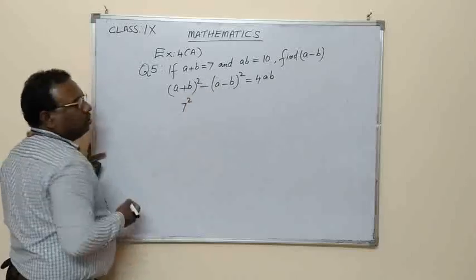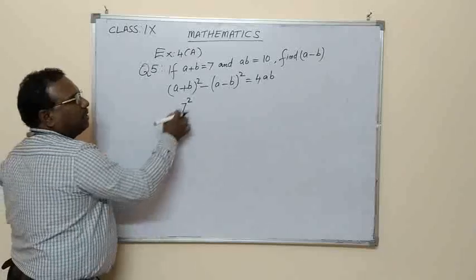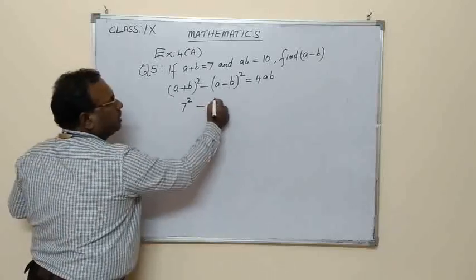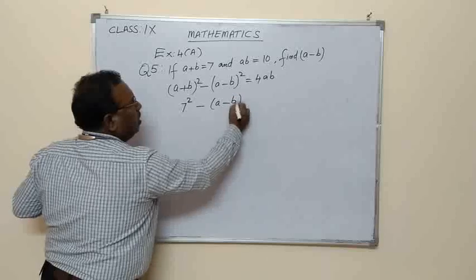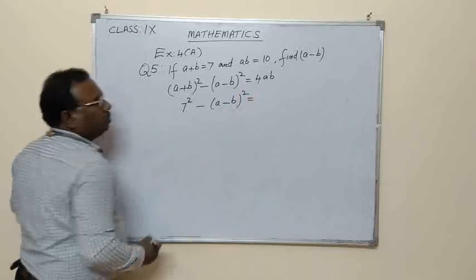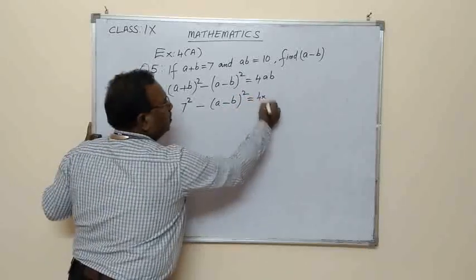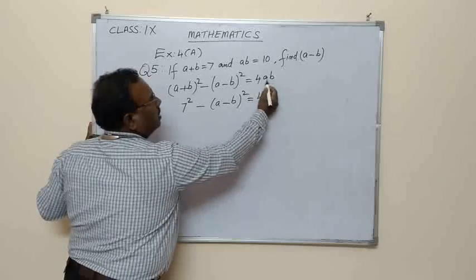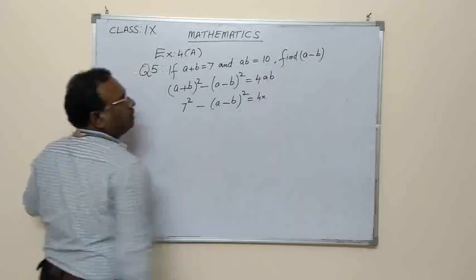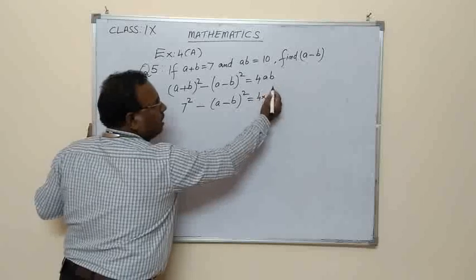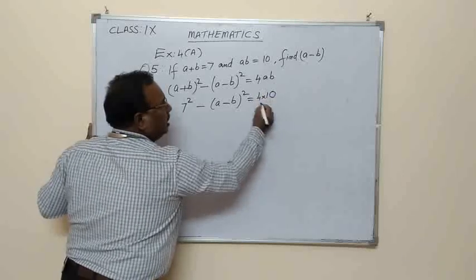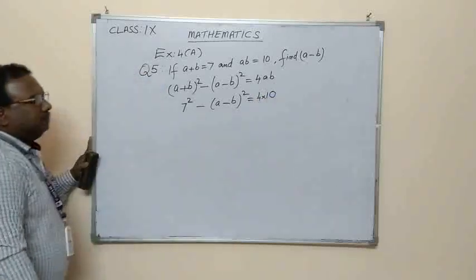Substituting, 7 square minus (A minus B) all square is equal to 4 into AB. The value of AB is equal to 10, so substitute 10 in the place of AB. So you get 4 into 10.